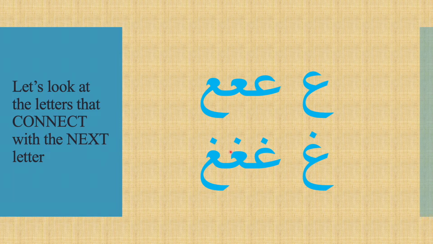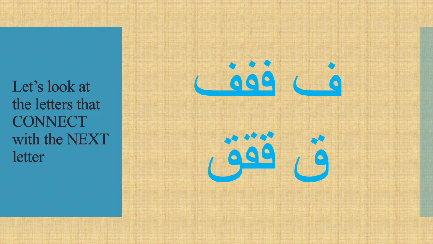In the middle, it's a triangle without the big C. In the end, it's a triangle with the big C. If the preceding letter is not a connector, then the ghain will be written like this in final position, because the preceding letter does not connect.